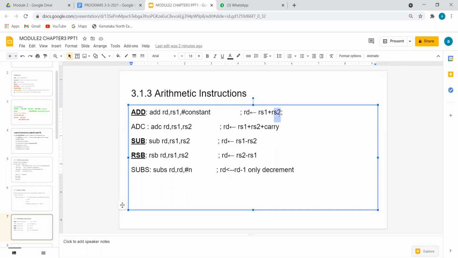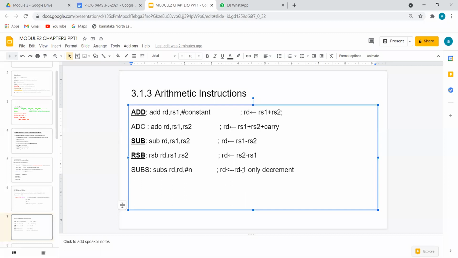RS1 plus RS2, source register 1 and source register 2, both are added and stored into RD, which I have shown in the program also. Subtraction is source register 1 minus source register 2, whereas in reverse subtraction it is the rightmost minus the middle one. Earlier it was the middle one minus the rightmost. Okay, so see the difference.